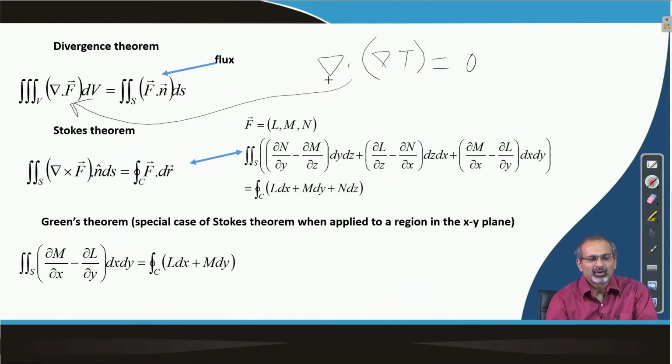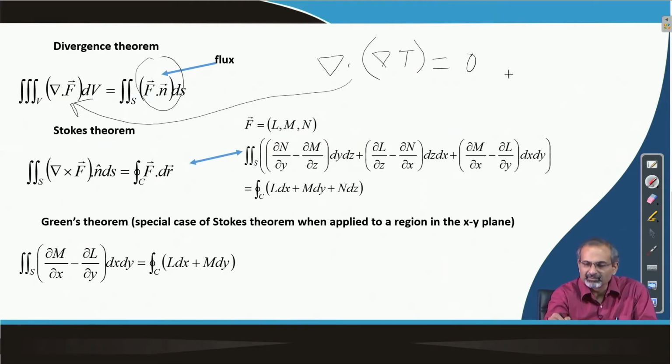And then what the divergence theorem straight away says is that the volume integral essentially reduces to a surface integral, and what you have integrated in the surface integral is flux moving through different surfaces which form the control volume.